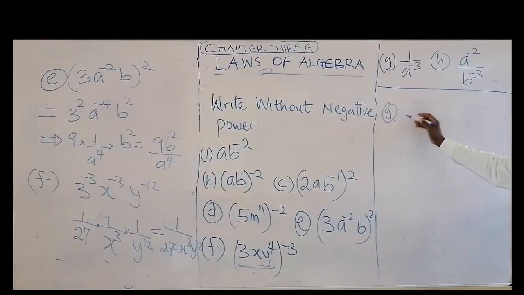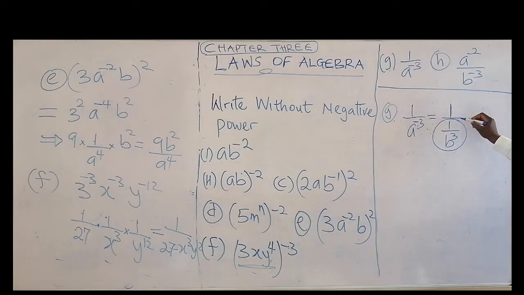Okay? G, we have 1 over this. Now we have 1 over this minus, there is 1 over b to the power 3. So this is a fraction you have. And when you reciprocate a fraction, this 1 over is the reciprocal of this fraction, and that will be equal to b cubed. Okay?